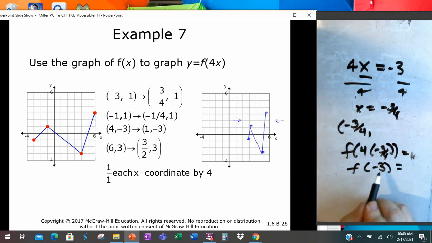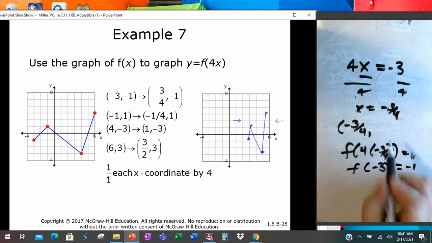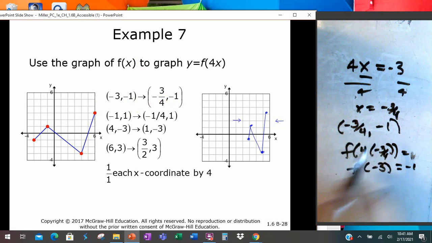From the graph, I go back over, and that's -1. So the point -3, -1 on the graph goes to -3/4, -1.